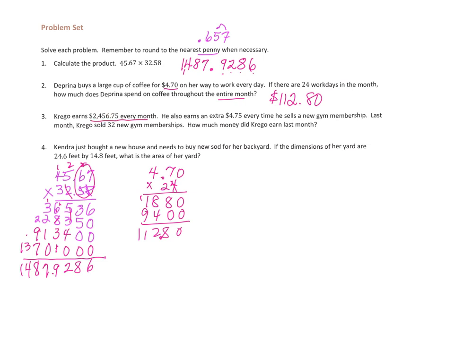Craigo earns this much every month, and he also earns an extra $4.75 every time he sells a new gym membership. Well, last month he sold 32 new gym memberships. So how much money did he earn for the whole month?